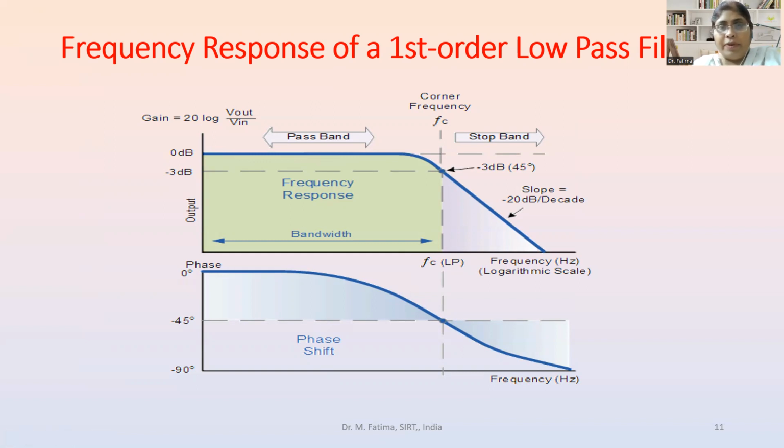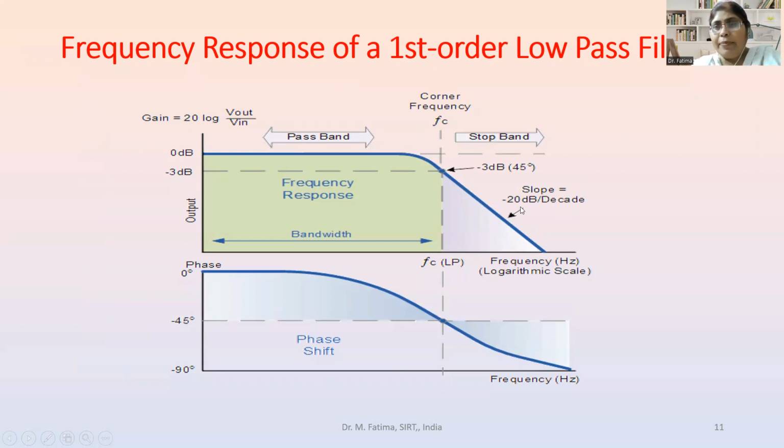Now, when f becomes equal to the cutoff frequency, the value is 3 dB down, that is 0.707 of AF. And when f is greater than fc, the output voltage starts decreasing. So you can see this output voltage starts decreasing. Now the slope of this attenuating signal, or the slope of the stop band, is equal to minus 20 dB per decade.